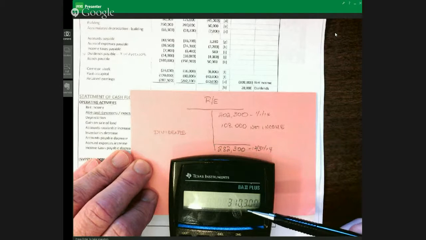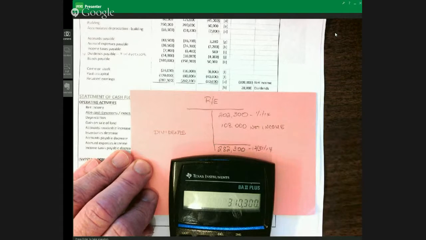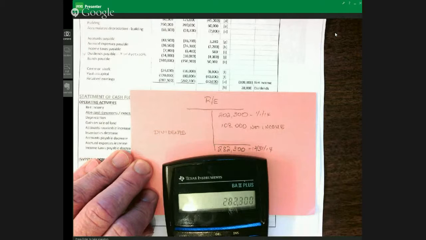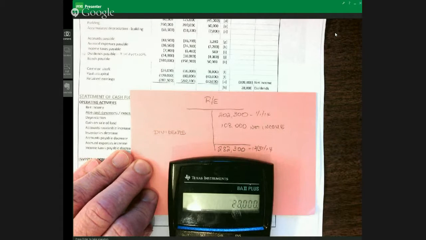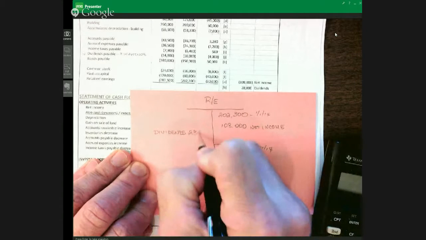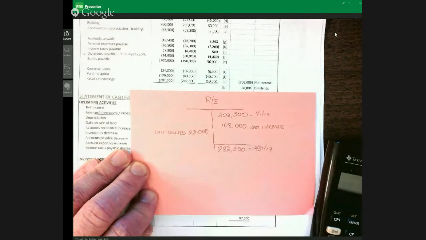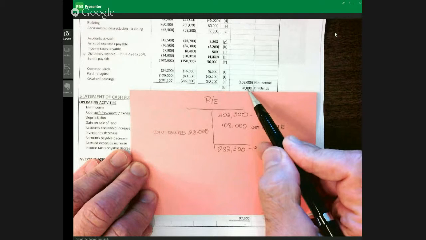So let's subtract the desired ending balance from the tentative balance of 310,300. The difference is $28,000. By inference, dividends for this period would have been $28,000, and that is the amount that we will reduce or debit the retained earnings by.